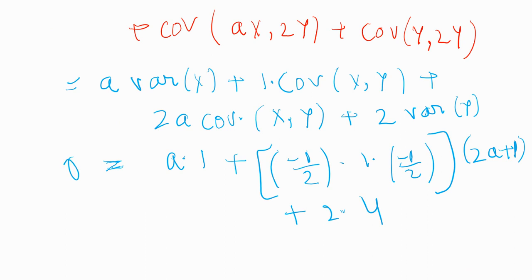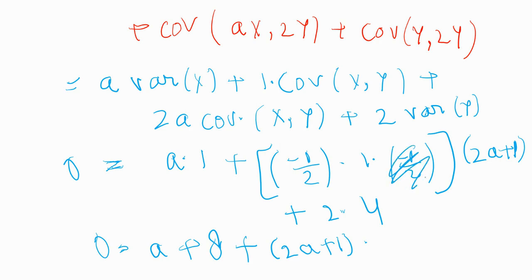So 0 is equal to a plus 8 plus 2a plus 1 times, this is minus half, this is half, this one will be 2, this one is sigma x, sigma y, this is 0.